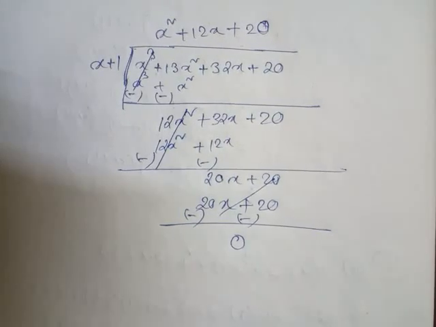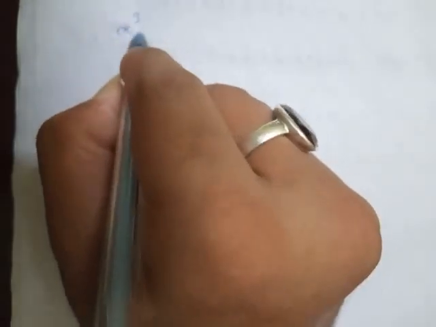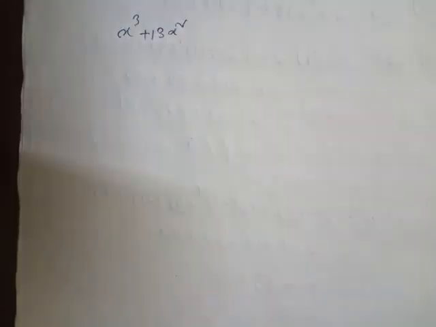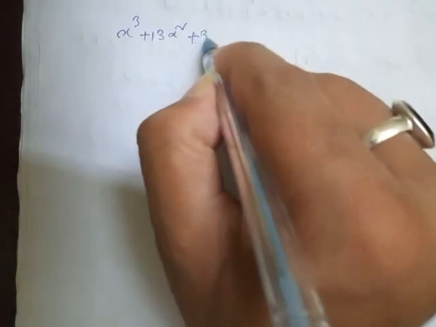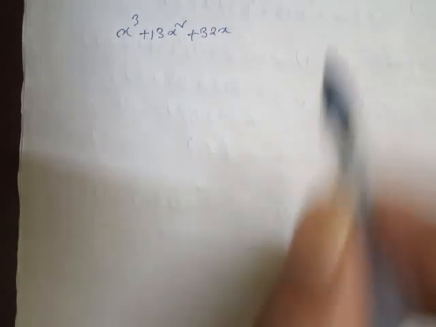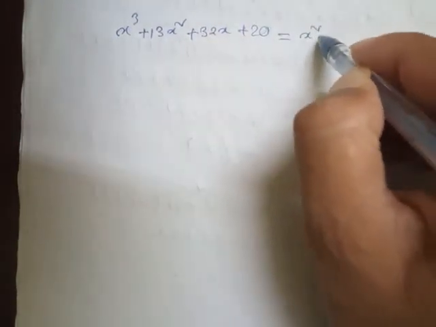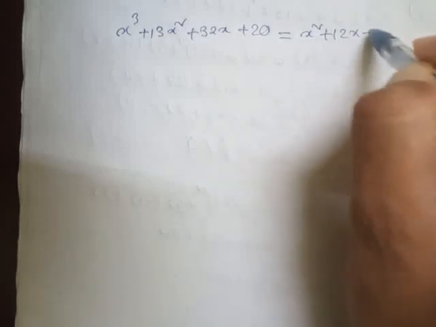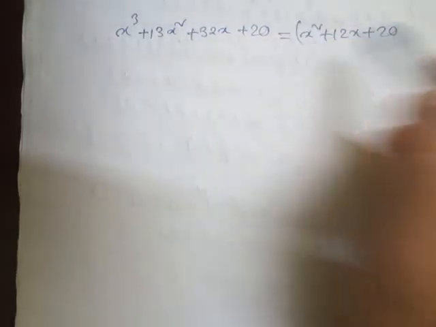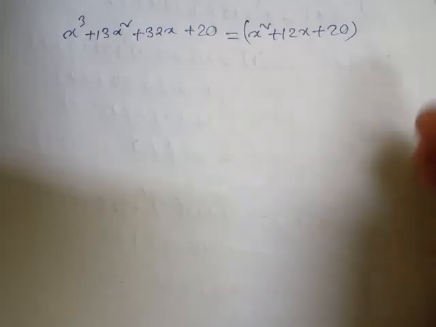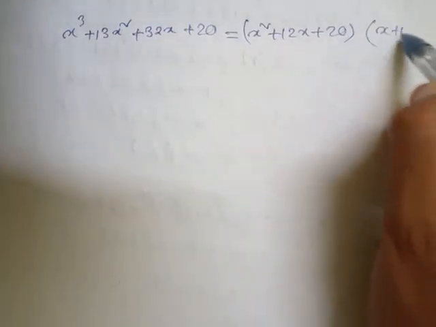Now students look, here we can say that x cube plus 13x square plus 32x plus 20 equals x square plus 12x plus 20, then the divisor is x plus 1.